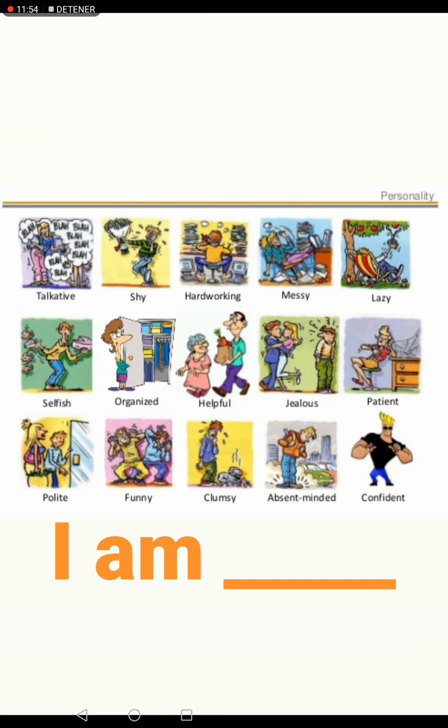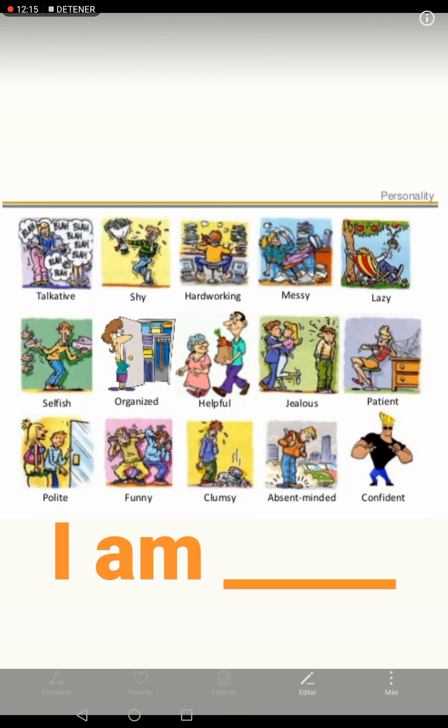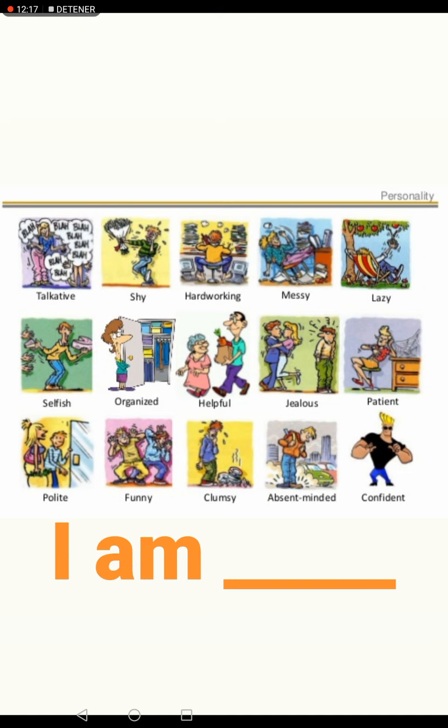You help all people, like in the picture. Jealous. A jealous person is a person who wants or desires to have what other people have. And patient. Patient is a person who knows how to wait for things. There is no problem with him waiting.